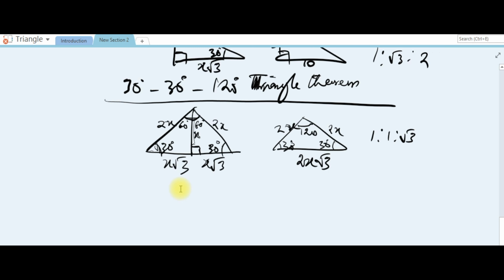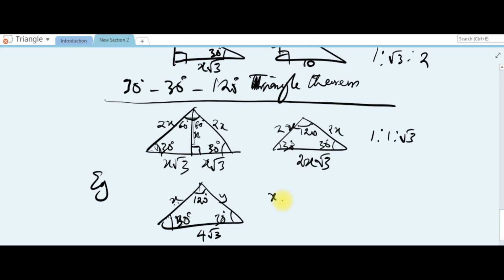For example, if you are given this 120, and we are given 30, 30, and we are told that here is 4 root 3, and we are asked to find x and y.